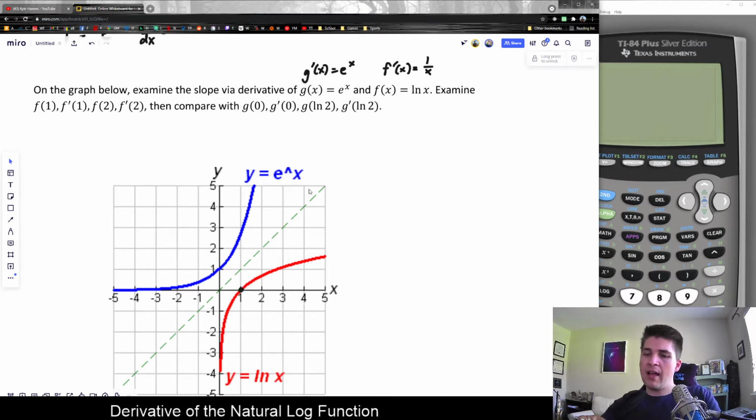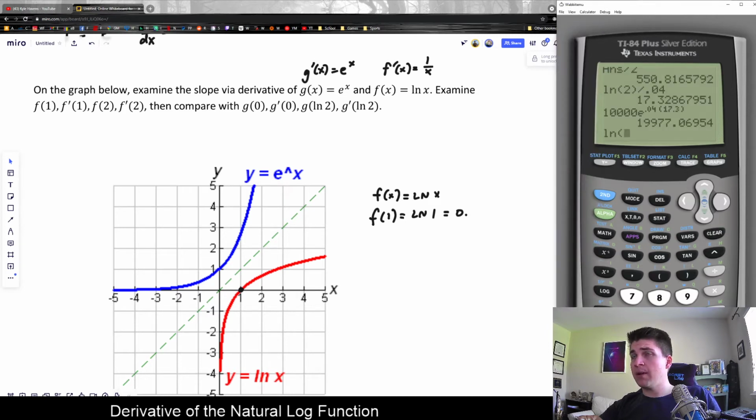Since f of x was equal to ln of x, f of 1 would be equal to the natural log of 1. And if you remember, log of 1 is always 0, because e to the 0 power makes 1. So that's the solution, or again, you could use a calculator to confirm.